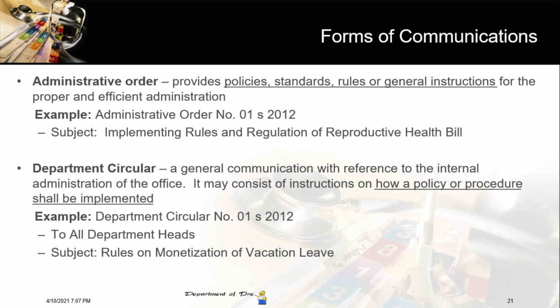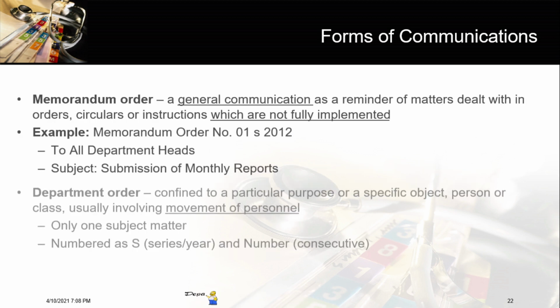A department circular, on the other hand, is a general communication with reference to the internal administration of the office. It may consist of instructions on how a policy or procedure shall be implemented. An example of a department circular is a department circular on rules on monetization of vacation leave. Memorandum order.